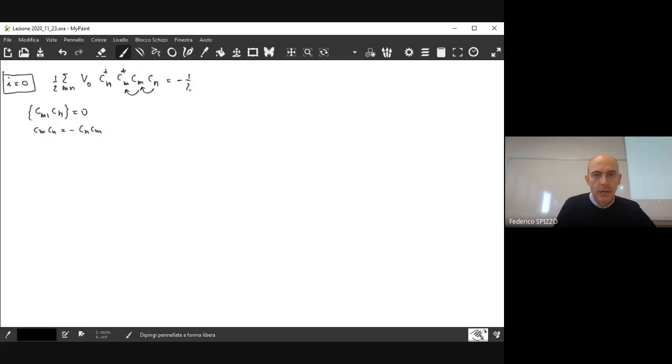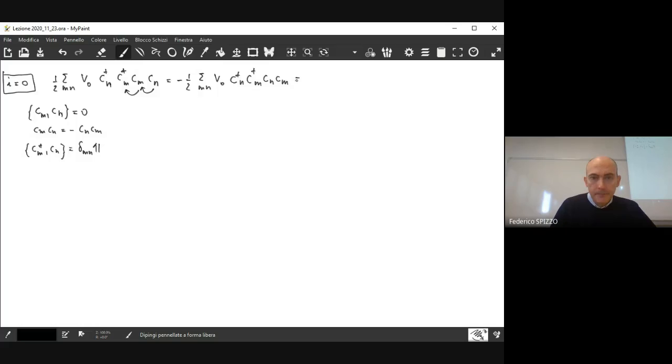So we have minus 1/2 sum over m and n of V0 C cross n C cross m Cn Cm. At this point, we need to exchange C cross m and Cn. In this case, the anticommutator of C cross m and Cn is equal to delta mn times identity.